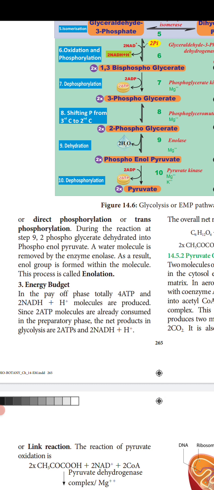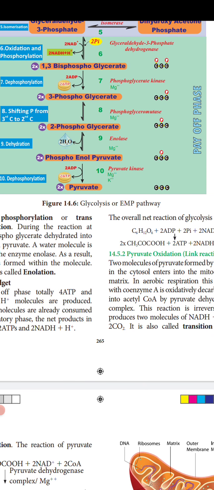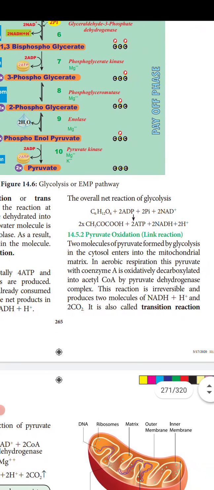That is, in the payoff phase, 4 ATP and 2 NADH plus H plus molecules are produced. Since 2 ATP molecules are consumed in the preparatory phase, the net product is 2 ATP and 2 NADH plus H plus.